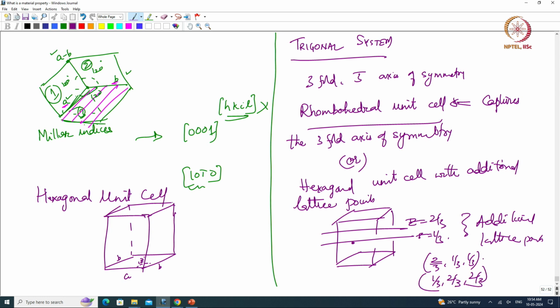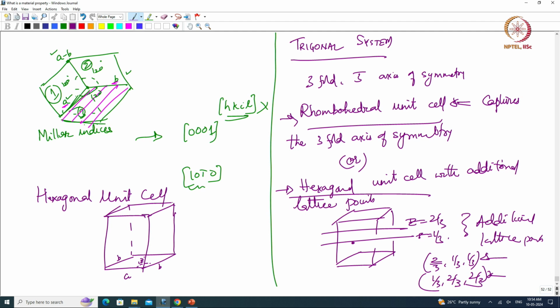So, at these positions if I put additional points, I can as well look at a rhombohedral unit cell as some sort of a centered hexagonal unit cell. So, you can represent it as a hexagonal unit cell which has centered lattice points, or as a rhombohedral unit cell.